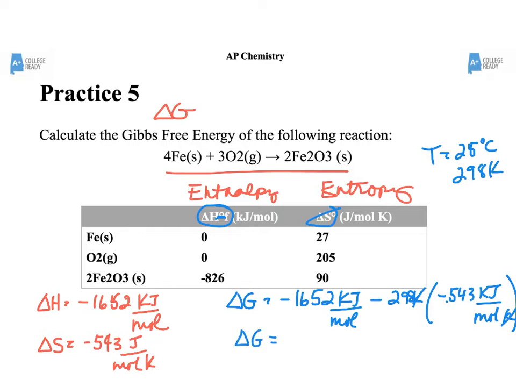Delta G is equal to negative 1490 kilojoules per mole. And so the question is, is this reaction thermodynamically favored? And the answer is yes, it's thermodynamically favored under these conditions. Why? Because delta G was negative.